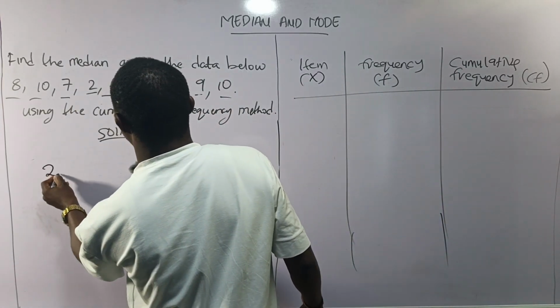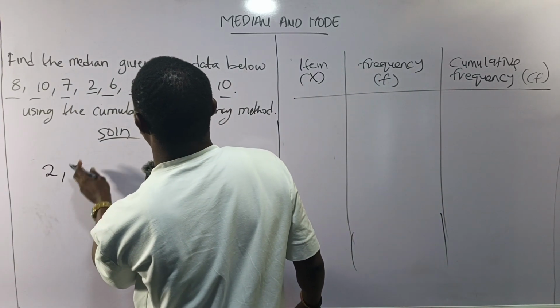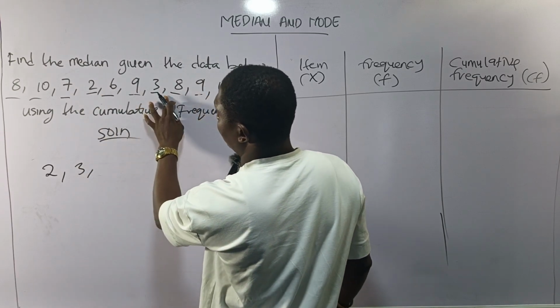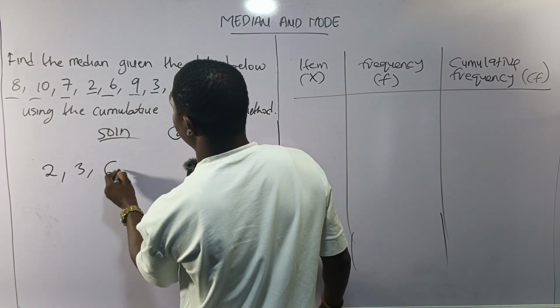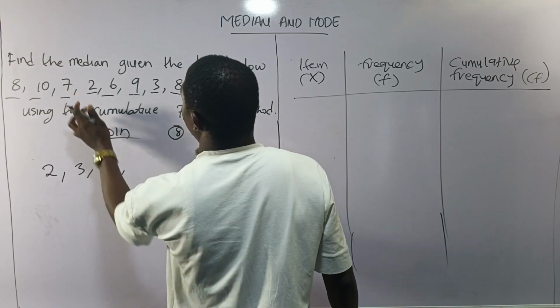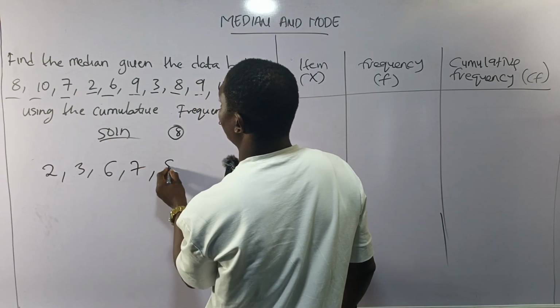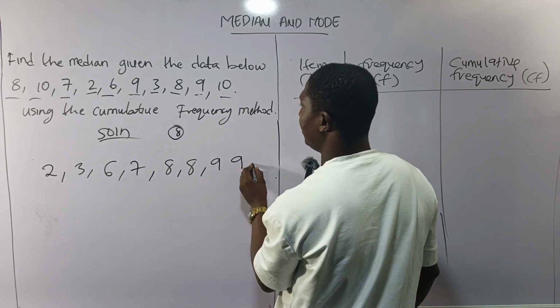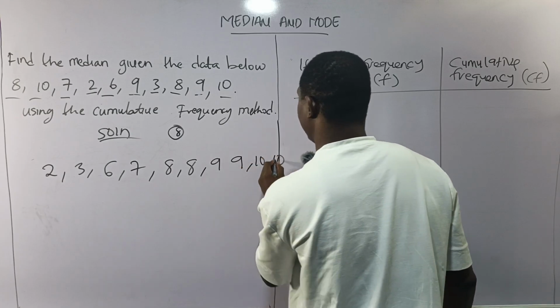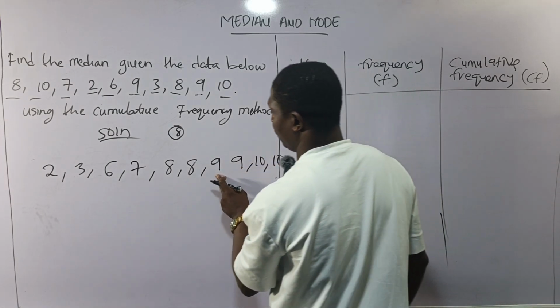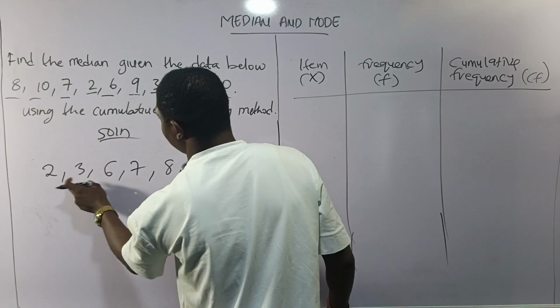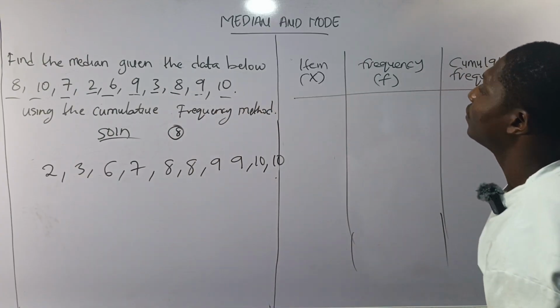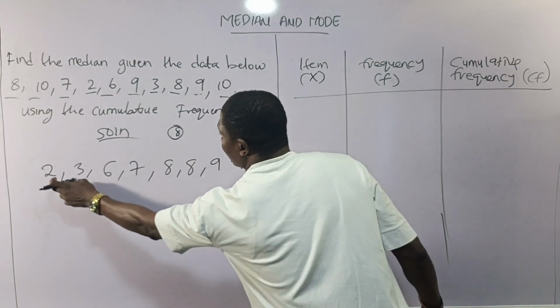2, 3, 6, 7, 8, 8, 9, 9, and 10, 10. 1, 2, 3, 4, 5, 6, 7, 8, 9, 10. So our first term here is what? 2.